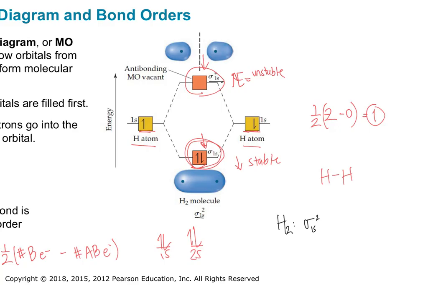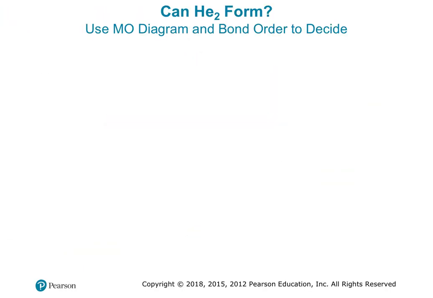Moving forward, you'll see it can get a little bit more interesting. Now we're going to ask the question: can He2, a helium molecule, form? We're going to use molecular orbital theory to decide. Each helium atom has its valence electrons in the 1s orbital, so I'll put 2 of them over here.